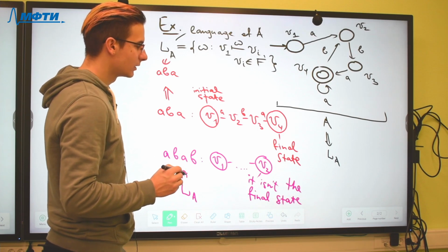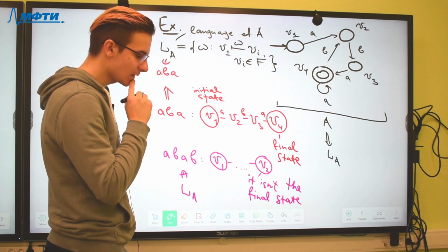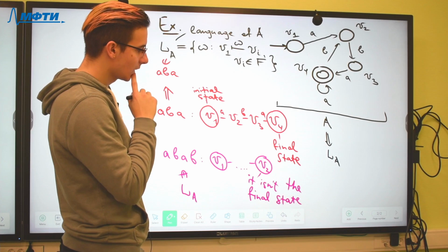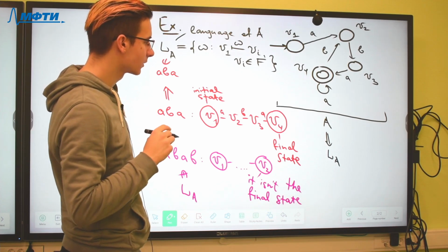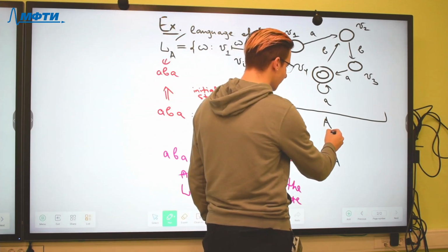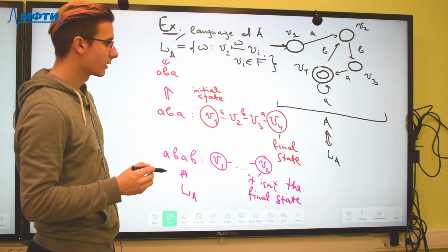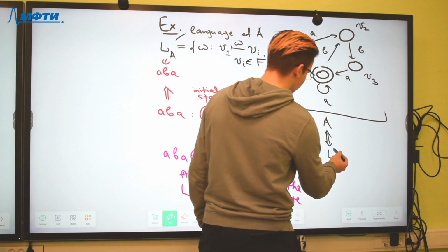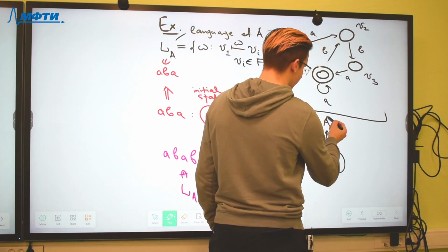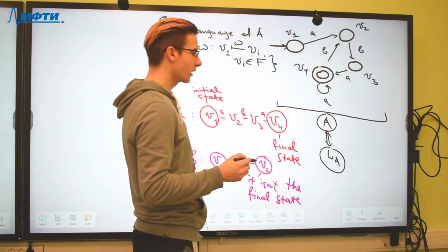But it is true that this connection works in both directions. So for all of the languages, we can find the automaton.